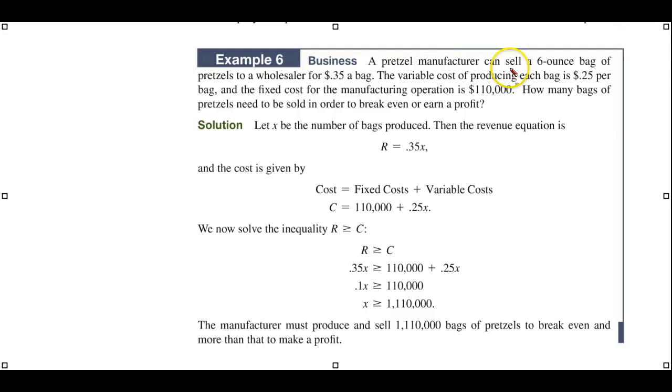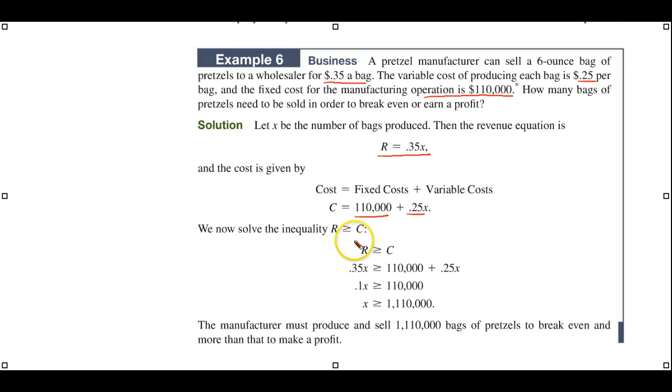This one is very similar. They're going to produce a bag of pretzels that sells for this, and it costs 25 cents per bag to make, and general manufacturing cost $110,000. How many bags of pretzels need to be sold in order to break even or earn a profit? Well, there's your revenue, 35 cents for each bag, and then cost, fixed costs, and your variable cost.